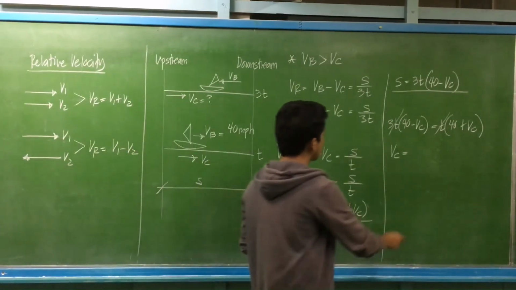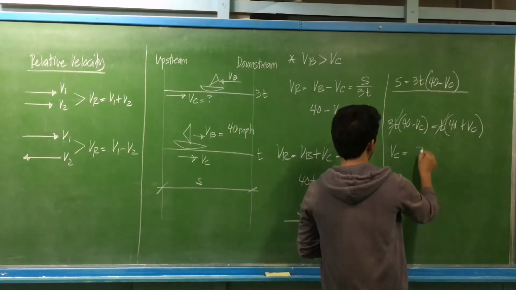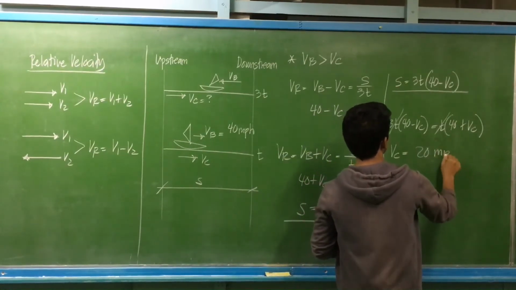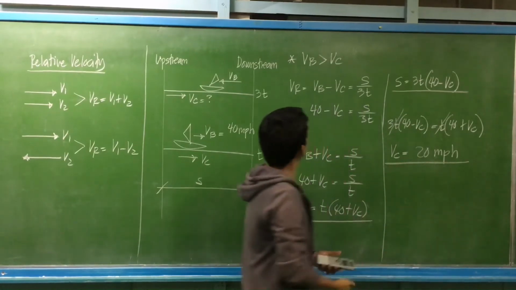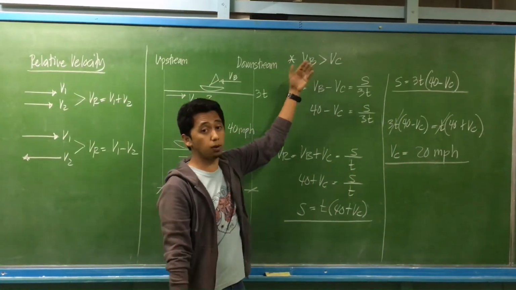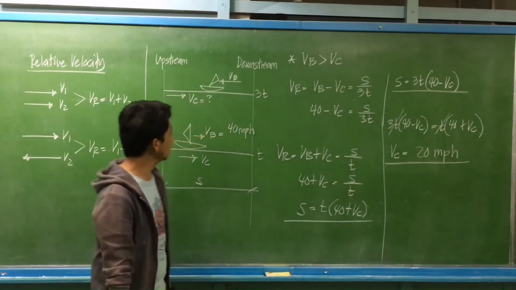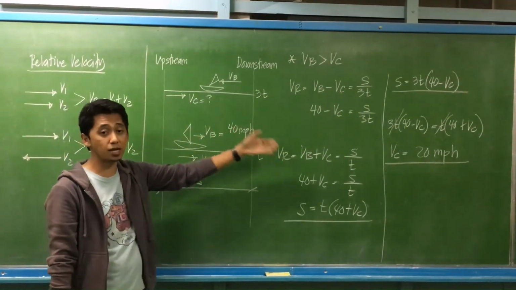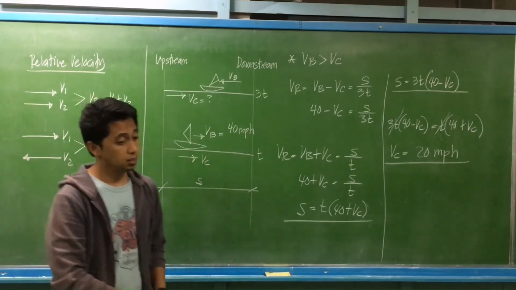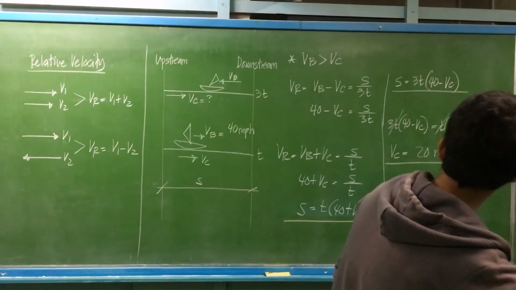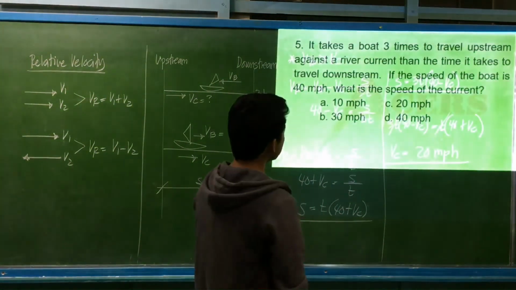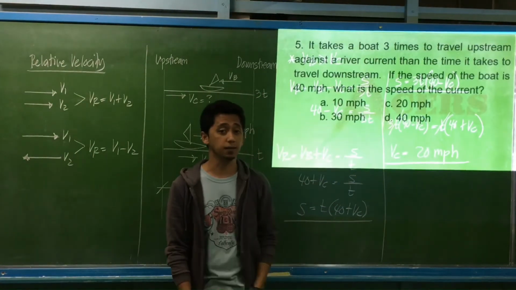And we have 20 miles per hour. Again, for the boat to be able to move against the river current, its velocity should be greater than the velocity of the current. As you can see, we have 40, so the answer should be less than 40. So it's 20 miles per hour. In our choices, that is letter C.